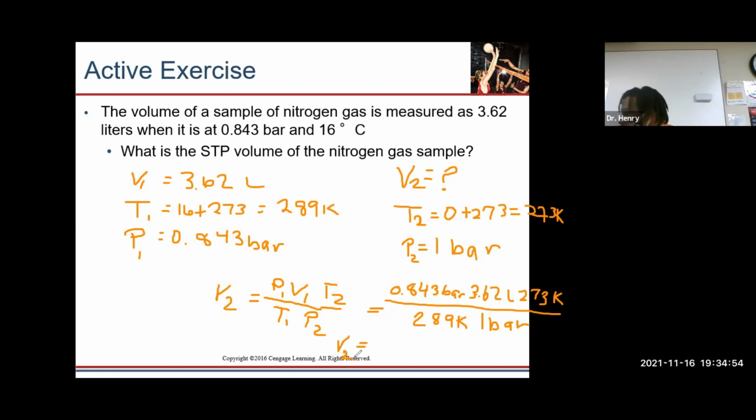So V2 is going to equal 2.88 liters. Okay, piece of cake.